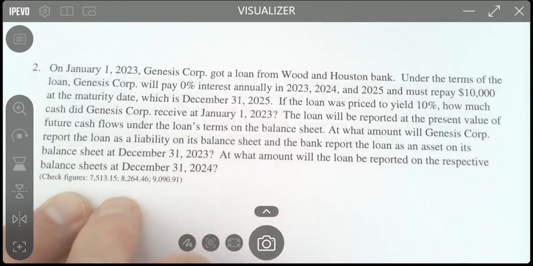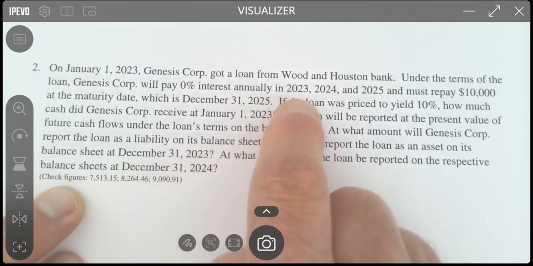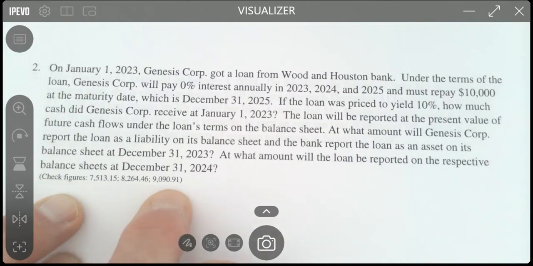Okay, and so the check figures are $7,513.15 for the present value at the date of inception, and then $8,264.46 and $9,090.91.